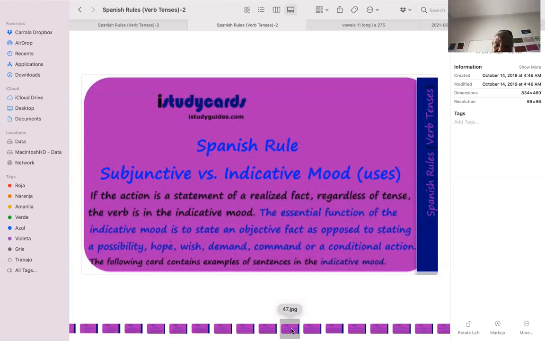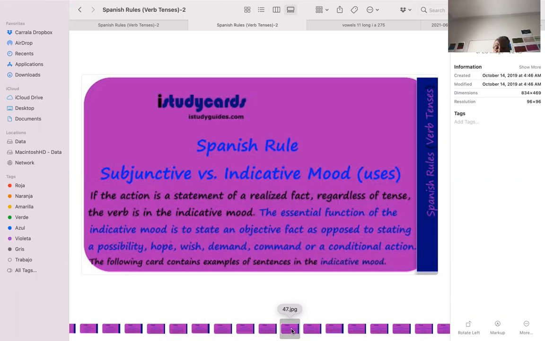If the action is a statement of a realized fact, regardless of the tense, so it can be the present indicative, the present progressive, the future progressive, the present perfect, the conditional, the conditional perfect progressive. It doesn't matter the tense.